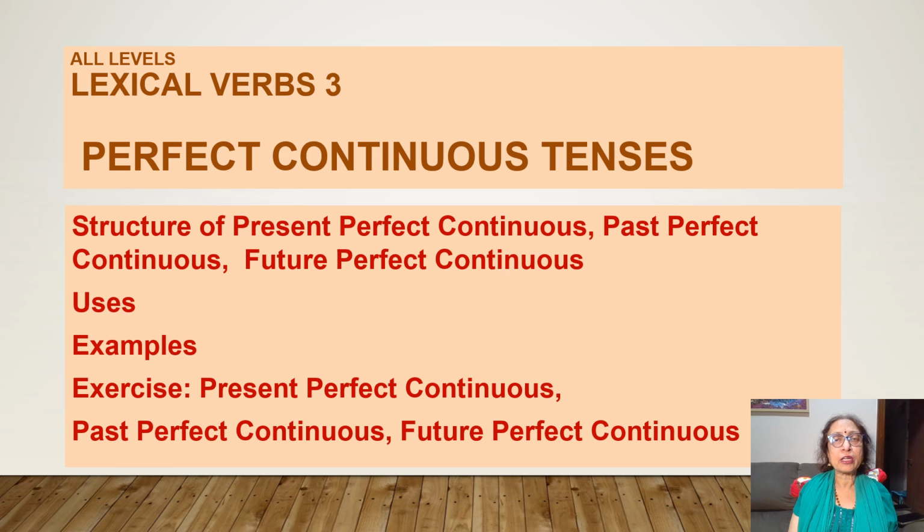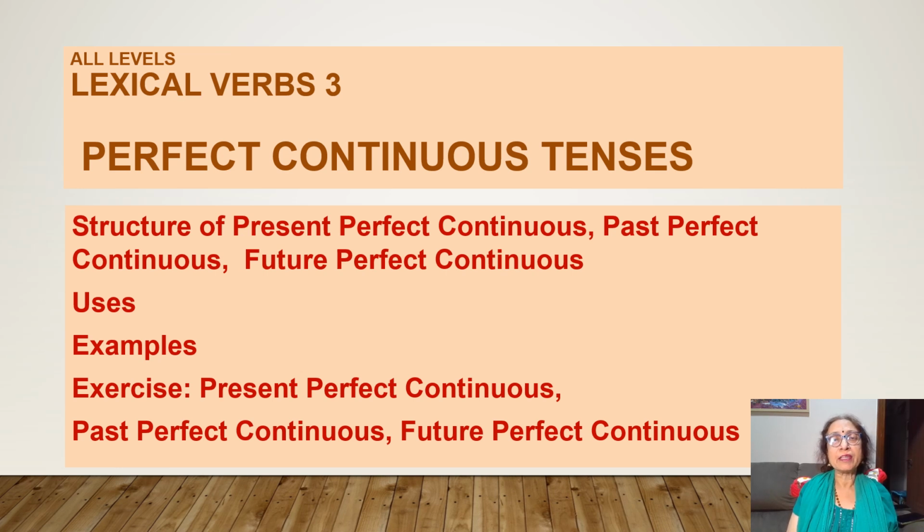So first we shall look at the structure of the present perfect continuous, past perfect continuous, and future perfect continuous, so that you know how the verb is to be used when we use the perfect continuous tenses. Then we shall talk about the uses of the present perfect continuous, then the past perfect continuous, and the future perfect continuous.